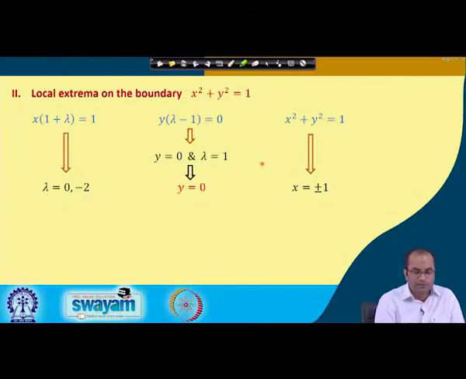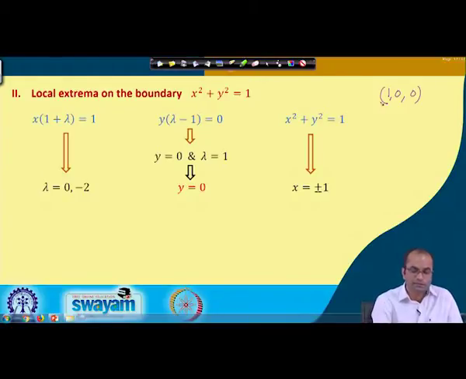So, what are our points here? Our first point is x is equal to 1, y is equal to 0 and lambda is equal to 0. This is the point which satisfies all these three equations. The second point has minus 1 there, 0 there and minus 2 there. This is another point which satisfies all these equations.